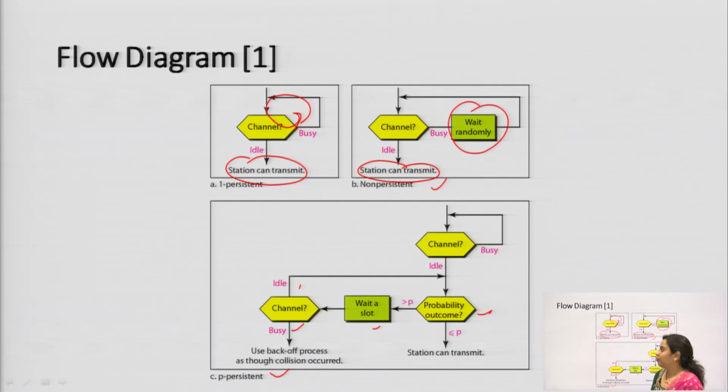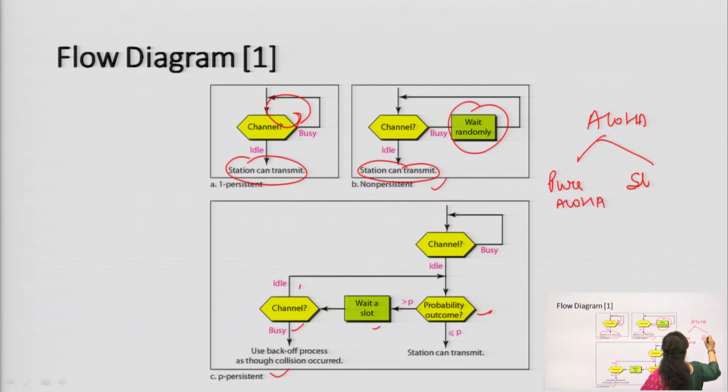In that, we have seen ALOHA, and two different types of ALOHA, pure ALOHA and slotted ALOHA. We have seen their flow diagrams and how the data will be transmitted in ALOHA, and then we have seen these persistent methods.